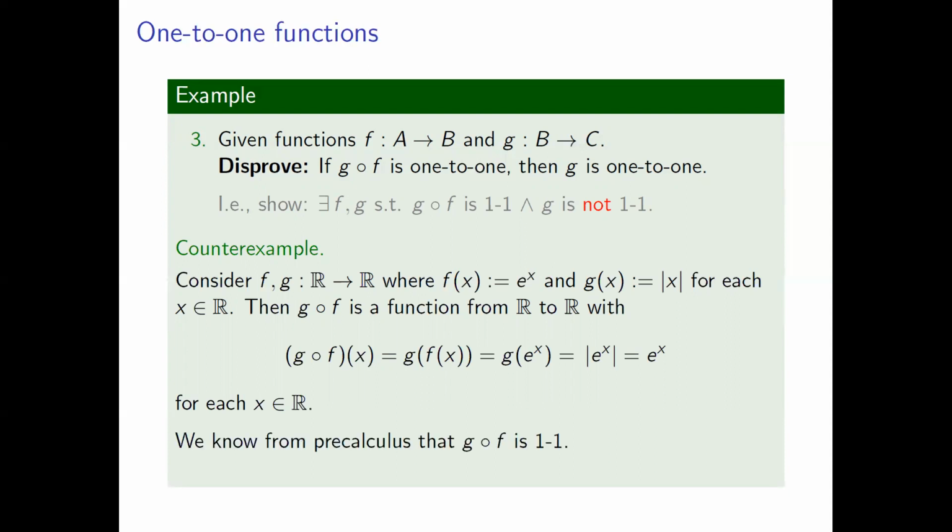We know from pre-calculus that the natural exponential function, which is the function gf, is one-to-one. However, the function g is not one-to-one, since, for instance, 1 and -1 are distinct real numbers with the same absolute value. Therefore, the functions f and g are the desired counterexample.